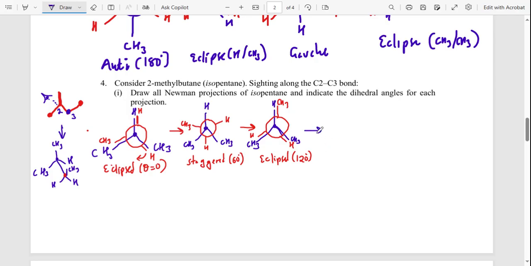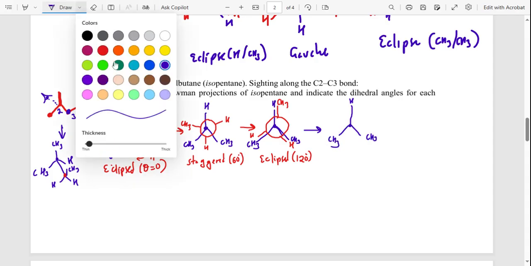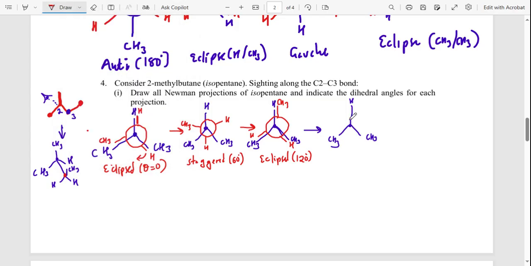So another rotation. The carbon that is in front is not changing. Hydrogen there, CH3 here, CH3 here. The one at the back now, this CH3 that we can see here will now come here.